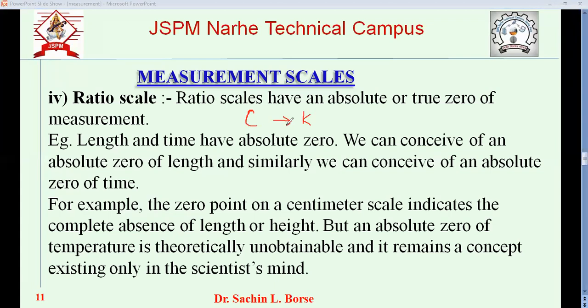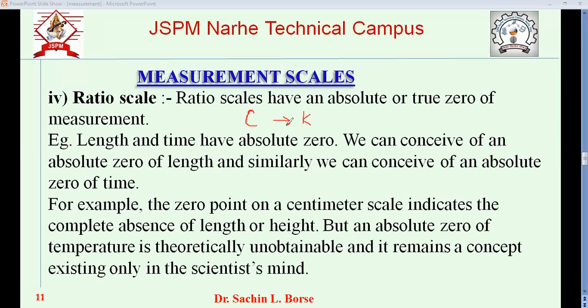Now we'll see the examples which have the true zero. Like the length. When we say length is zero, it means there is no length. It is absolute zero. When I say time, when time is equal to zero, it means it is absolute time.